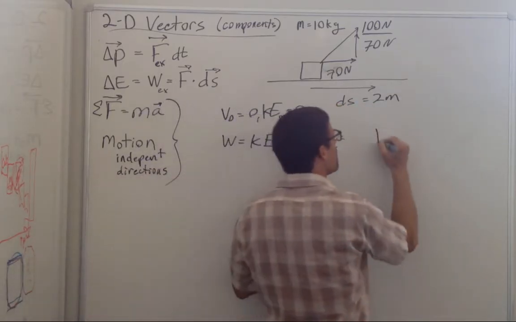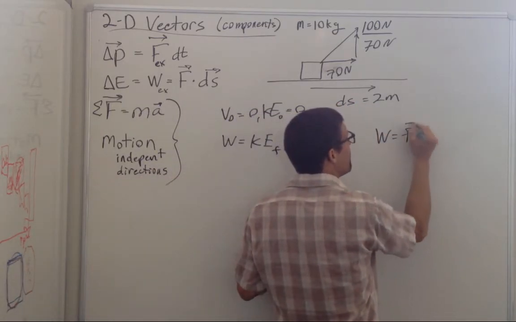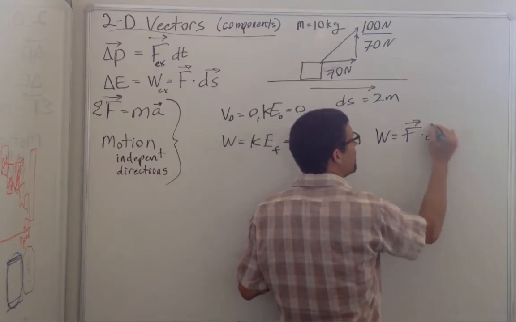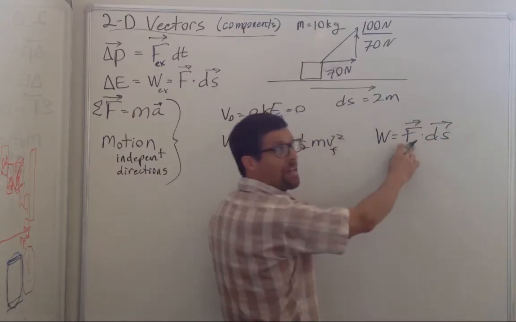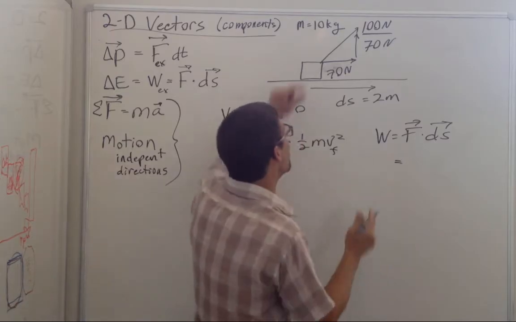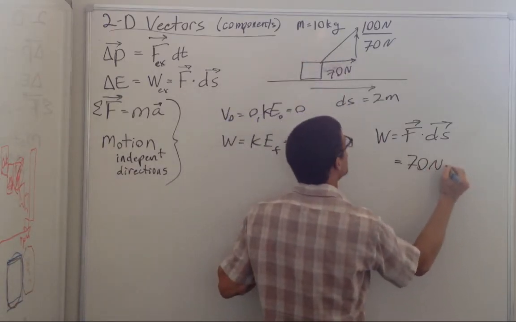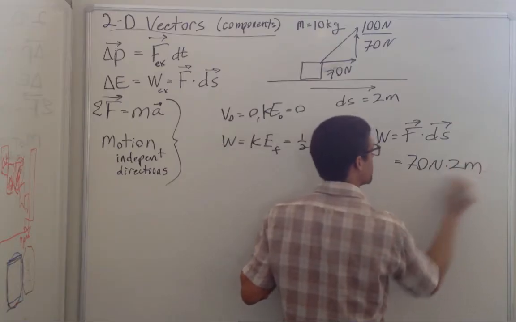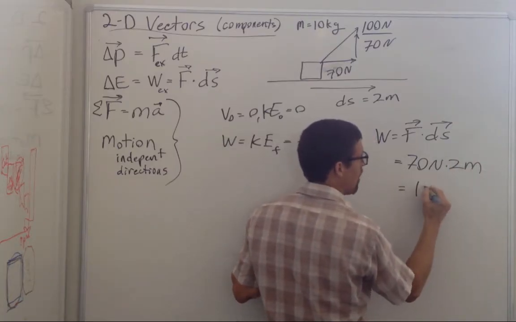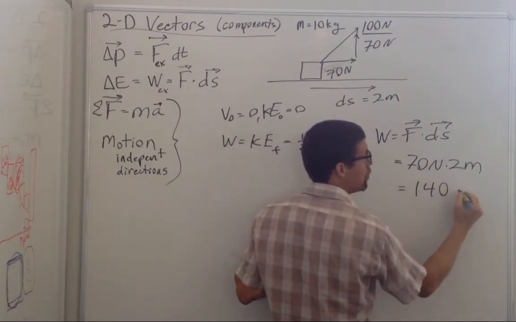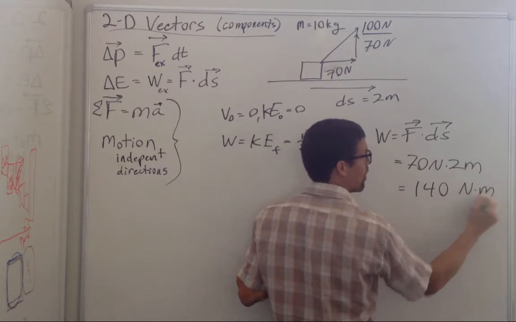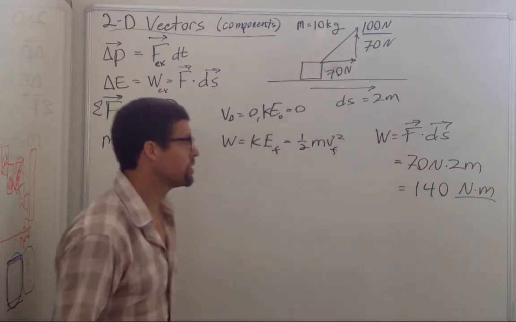Now I can say the work is the vector dot product of this displacement and the force. And so that's just this component, which would be the 70 newtons times the 2 meters. That's going to be equal to 140 newton meters, or 140 joules.